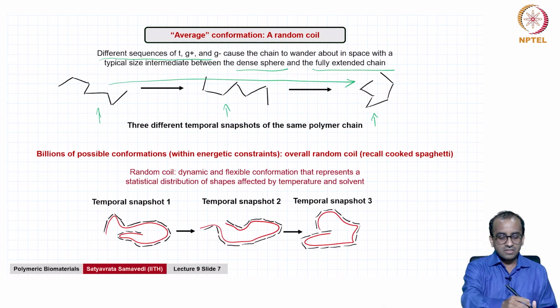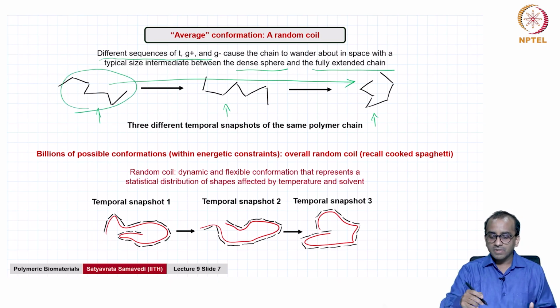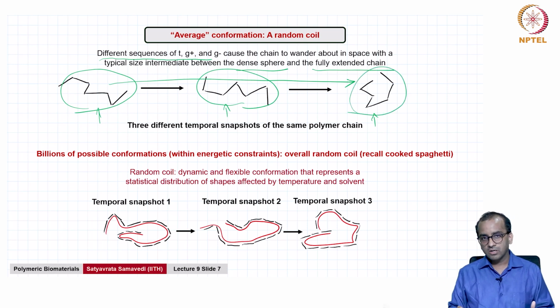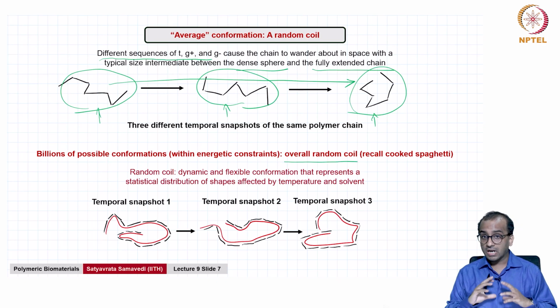At one time instant it could take up this conformation, at another time instant it could take up this conformation, at another time instant it could take up this. So, as you can clearly see, within energetic constraints you can have billions and billions of conformations. So, it is very difficult to talk about instantaneous conformations; rather we are now interested in averages, for which we will have to think about the polymer as a random coil.